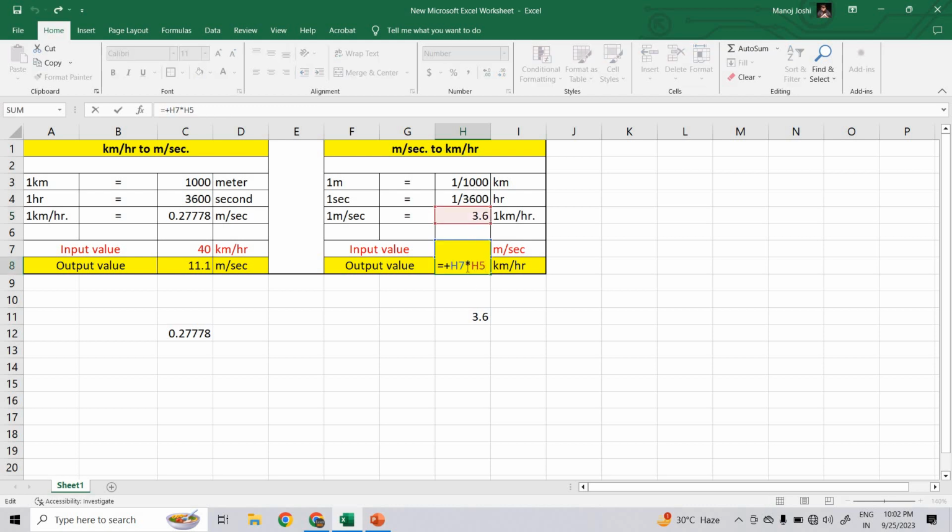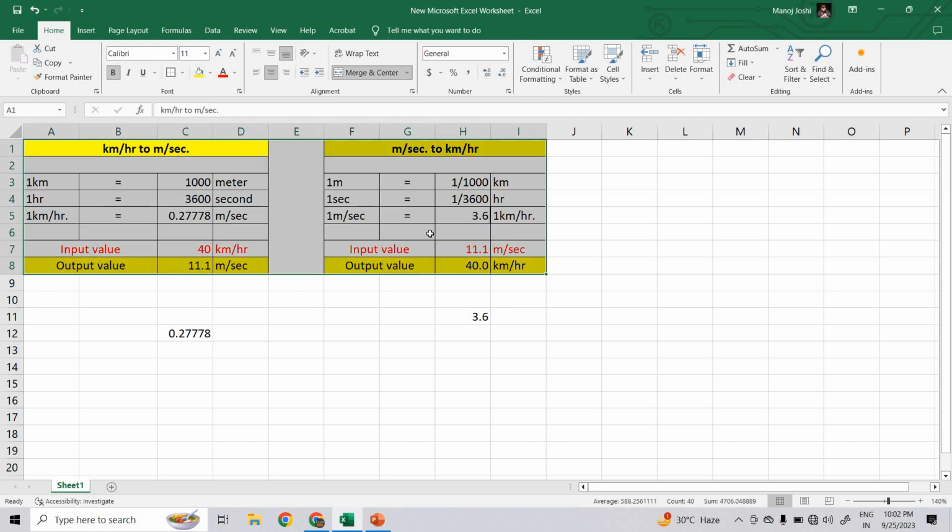Same as what we have done here, we multiply the input value with the conversion, 3.6. This black one is your output and this red one is your input which you have to put. If I put here 11.1, you will find here 40 km/h. So you could simply check that both calculations are right.